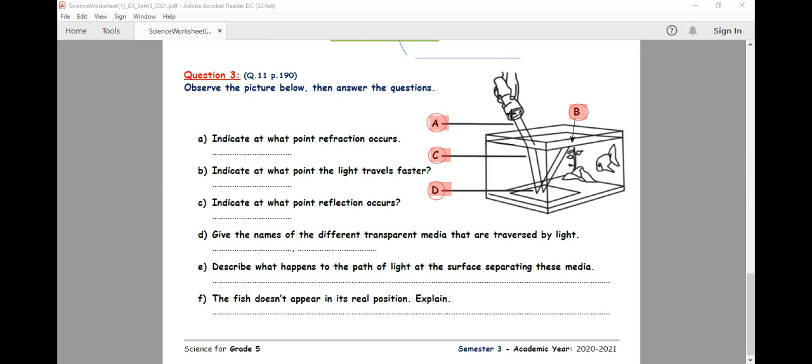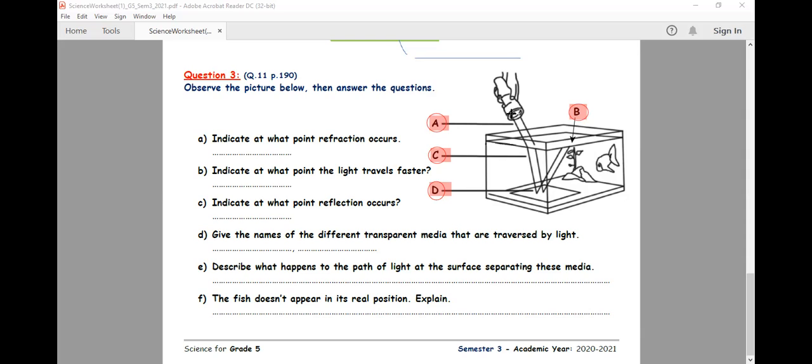So, do you still have any questions about the refraction lesson? No. Do not forget that reflection happens in one medium, but refraction happens when light moves from one transparent medium to another transparent medium.